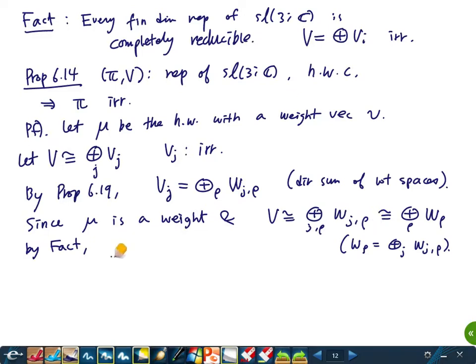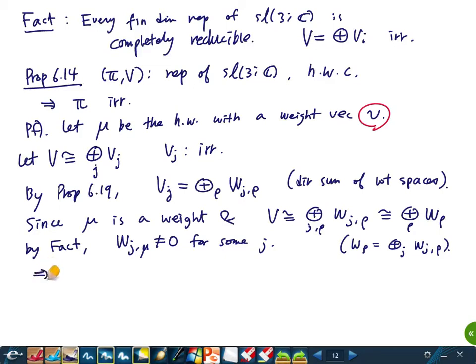So this is non-zero for some j. So in particular, mu is one of the summands here. Only one summand. The weight vector v belongs to one of these summands. And if we have that, then one of these must be non-zero, so we can say this. All right? But then, what's next?